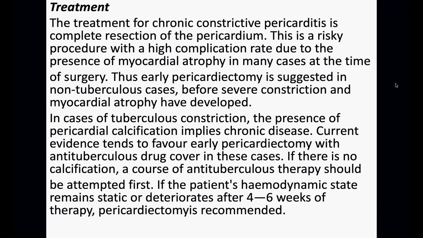In case of tuberculous constriction, the presence of pericardial calcification implies chronic disease. Current evidence tends to favor early pericardectomy with antituberculous drug cover in these cases. If there is no calcification, a course of anti-TB therapy should be attempted first. If the patient's hemodynamic state remains static or deteriorates after 4 to 6 weeks of therapy, pericardectomy is recommended.